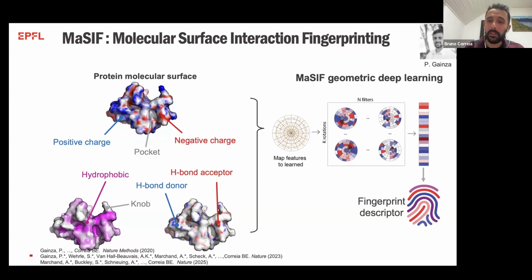Although, of course, this is a very debatable statement. But we've been working with multiple different types of representations based on surfaces. And here the idea is that this surface is essentially the way that we create these embeddings, so that they learn about the shape and the chemistry of the molecules that we are analyzing.